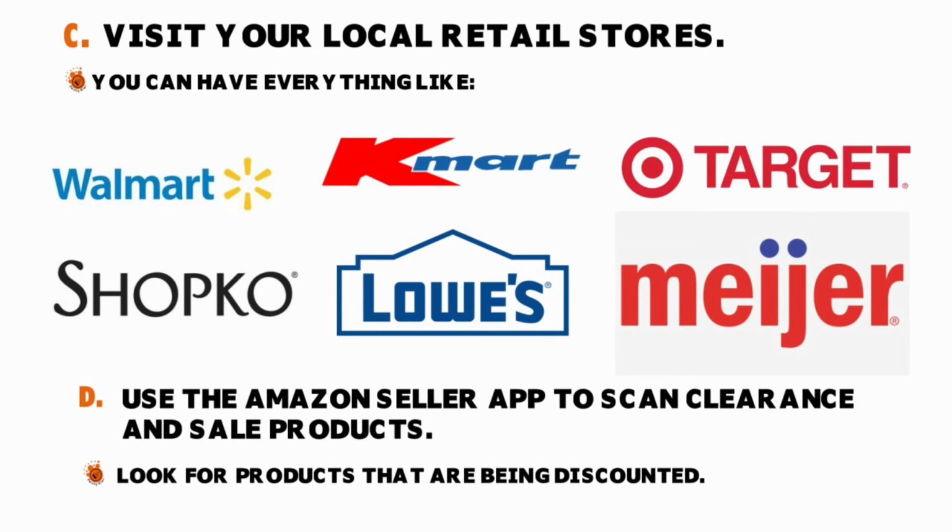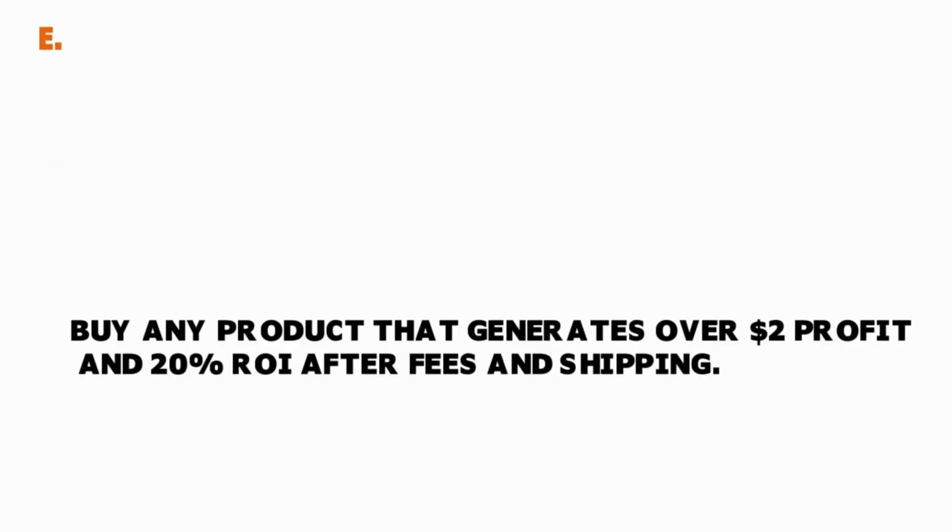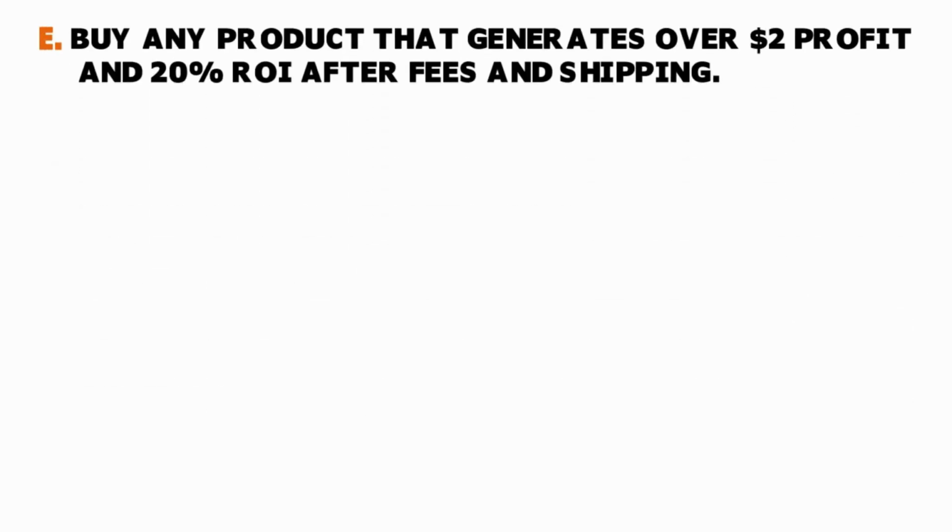Right? So I would advise you to buy any products that generate over $2 in profit and 20% ROI. Again, after fees and shipping, right? Earlier I was talking about fees and shipping. So this is very important.